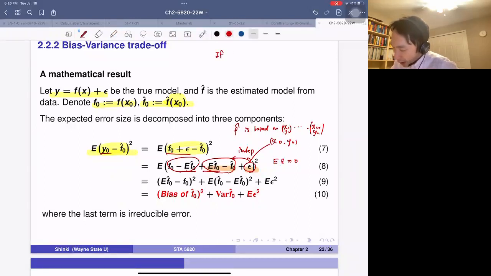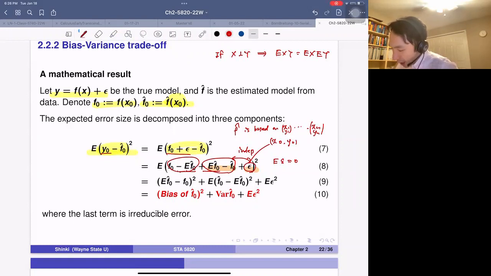If X and Y are independent, then the expectation of XY is equal to the expectation of X times the expectation of Y. And if the expectation of epsilon is 0, the cross term becomes 0.